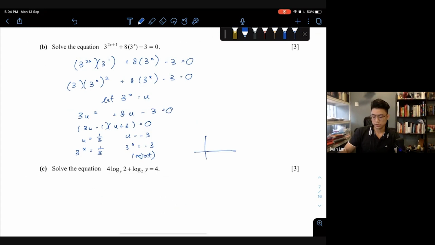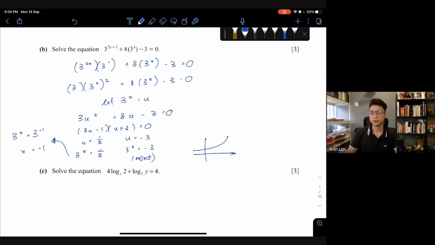You all see the exponential graph, there's no negative, so there's only positive. 3 to the power x can be written as 3 to the power negative 1. Therefore, x is equals to negative 1. Okay, 3-mark question.